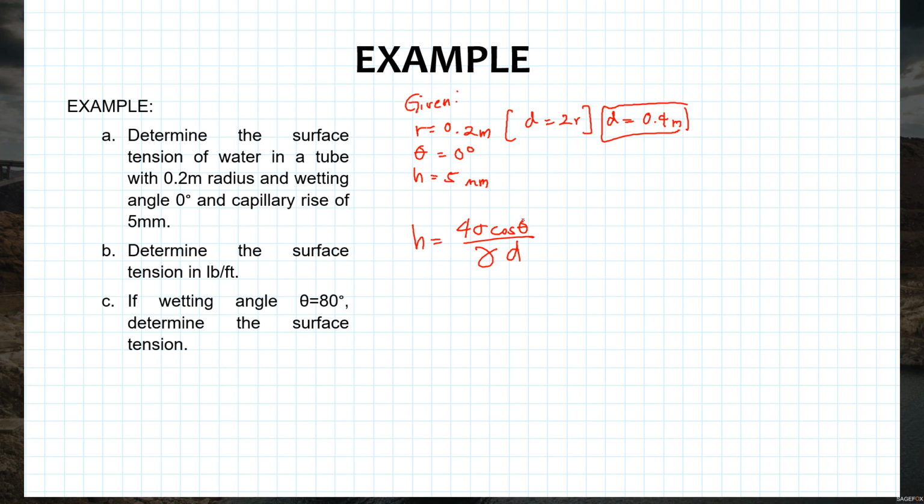Then, how about the units to be used? As we have a capillary rise height in mm, while the other units to be used are newtons per cubic meter for the unit weight of water, and the diameter in meters, it is much better that we use meters for the capillary rise H. So let's convert this into meters by a conversion factor of 1 meter equivalent to 1,000 mm.